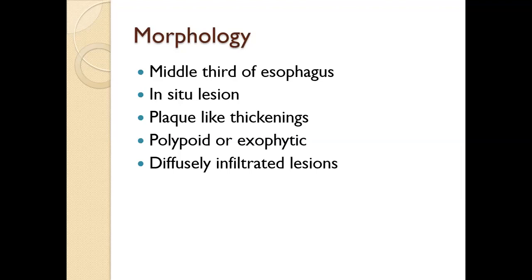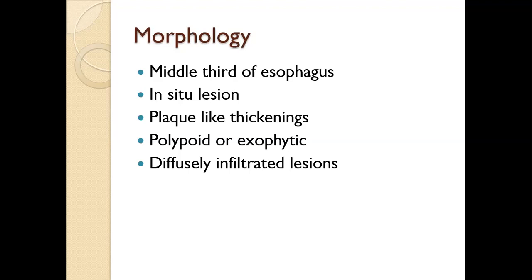Initially there are plaque-like thickenings of the mucosa, and later on there is polypoid or exophytic mass formation in the lumen, which may obstruct the esophagus. Sometimes there are diffusely infiltrated lesions, that is, the wall is infiltrated and there is thickening and rigidity and luminal narrowing.